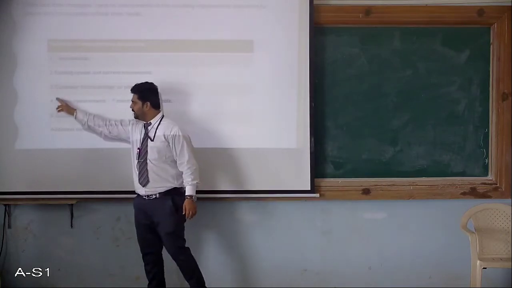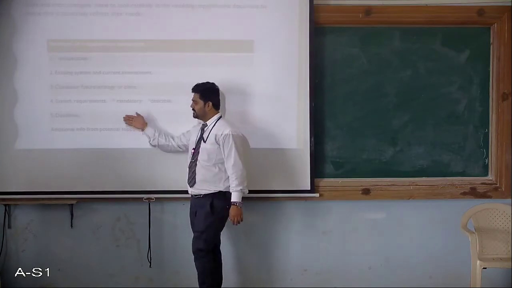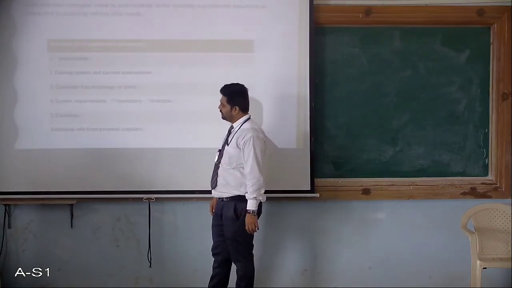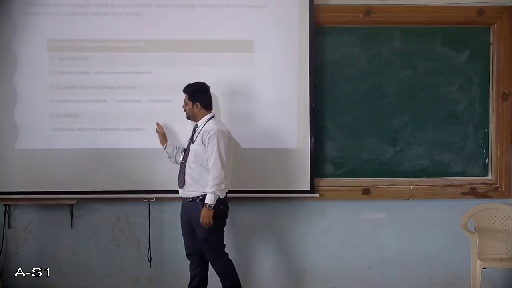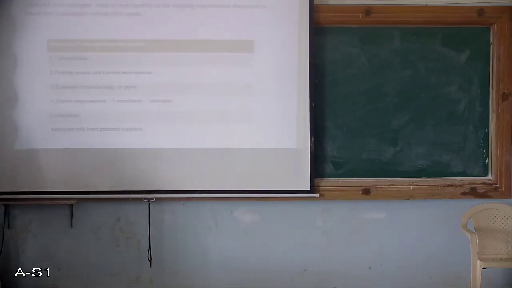There might be different versions for this system requirement. Then deadlines: at what time you need to complete the project. Then the information from your suppliers. We have briefed some of the important concepts here, and based on the agreement and contract, it may vary.